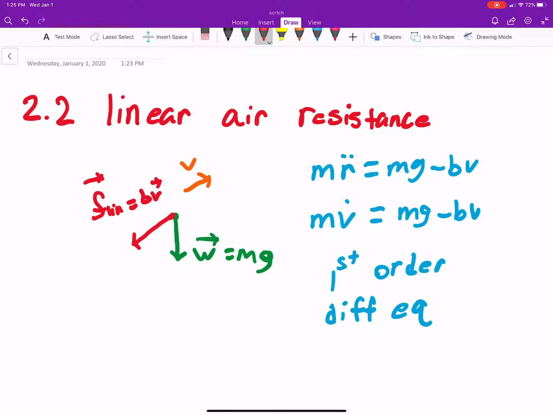So mass times our second derivative of position is mg minus bv. Now, we can simplify that a little bit to be m v dot, so first derivative of velocity, is mg minus bv. And this is a first order differential equation because the highest derivative we have is our first derivative, velocity.